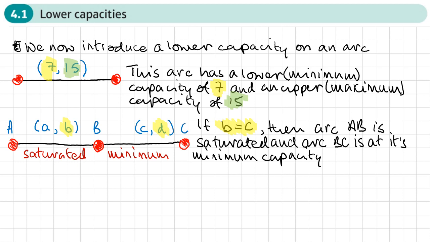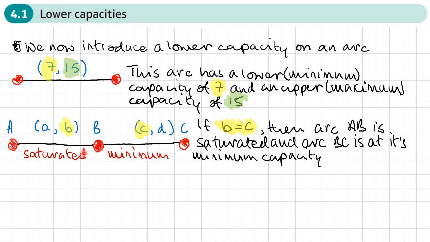Now in this diagram here, where I've got two arcs and I've got these nodes here, A, B and C, and I've got the maximum and minimum capacity of arc AB and maximum minimum capacity of arc BC. If B were to equal C, so if this value here was to equal this value over here, then arc AB is saturated, it's at its maximum capacity, and arc BC, this arc here, is at its minimum capacity.